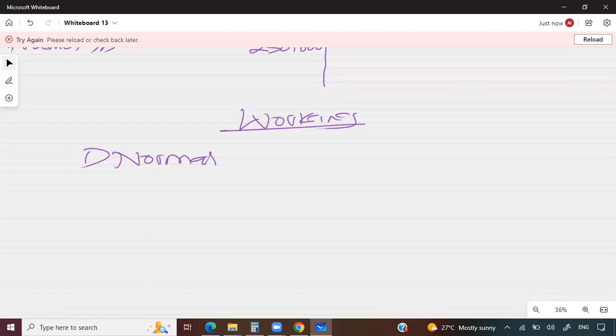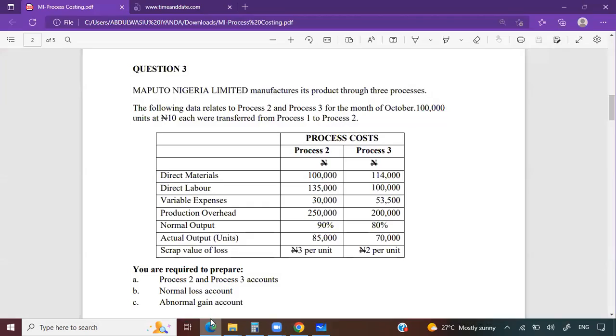What is our normal loss? Direct material to process 2 does not have any cost. It now has 135, 100, 144.